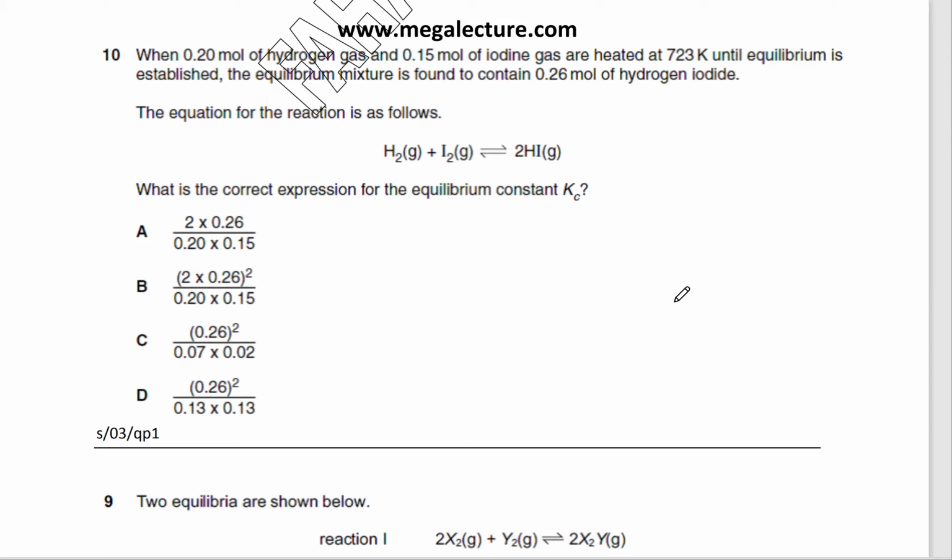Is the answer C? Okay, for this one, it's C.